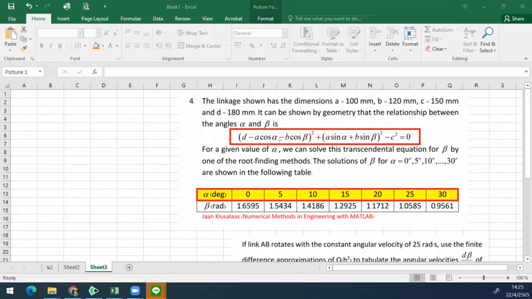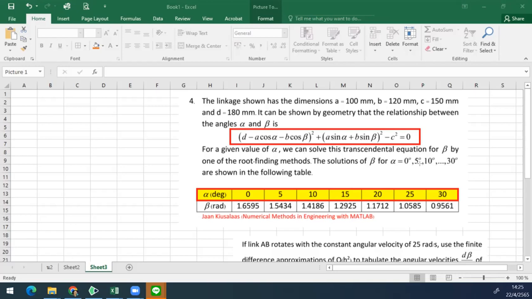But you have to note that this formula is based on the angle in radian, right? We have to convert the angle to radian first. Do not forget to change the angle to radian first.